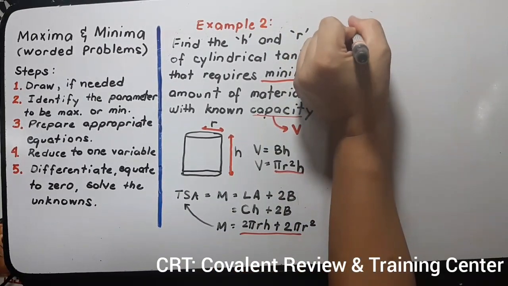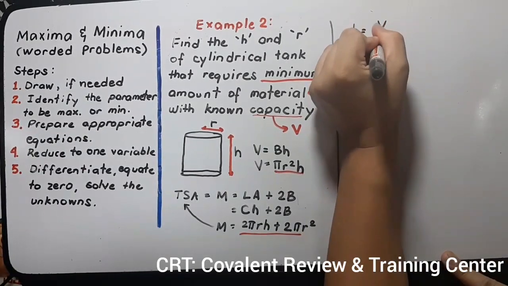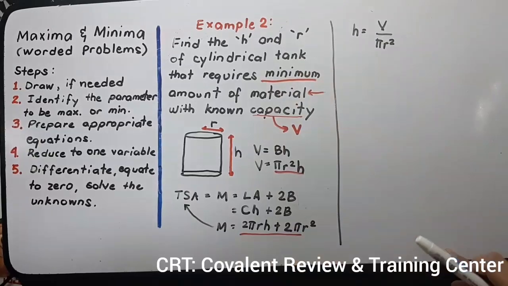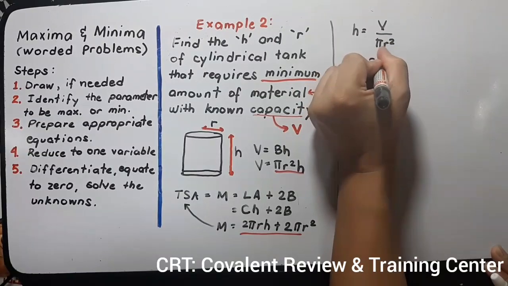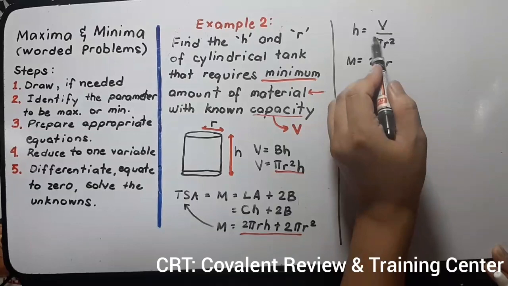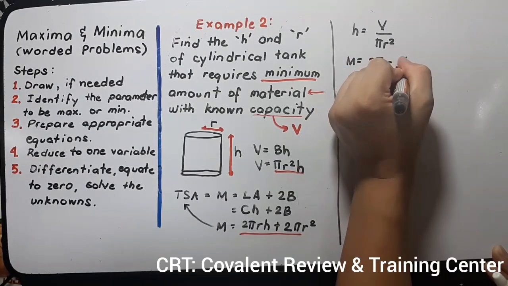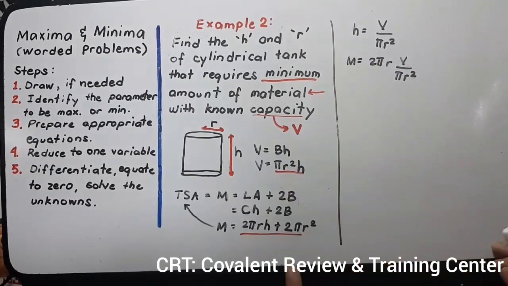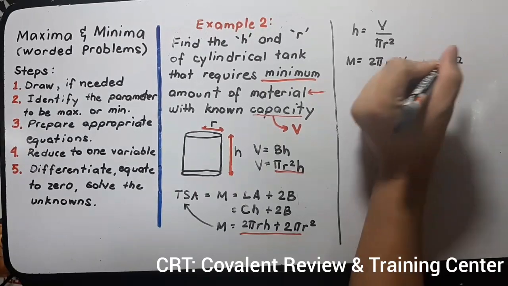H is equivalent to volume over pi r squared. Then we will substitute H in the formula of M. M is 2 pi times r, and then we put H here, V over pi r squared, plus 2 pi r squared.